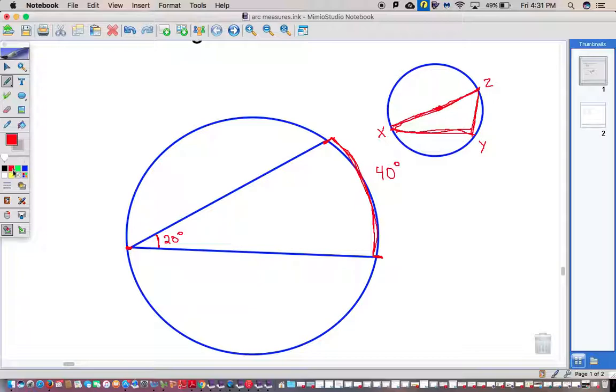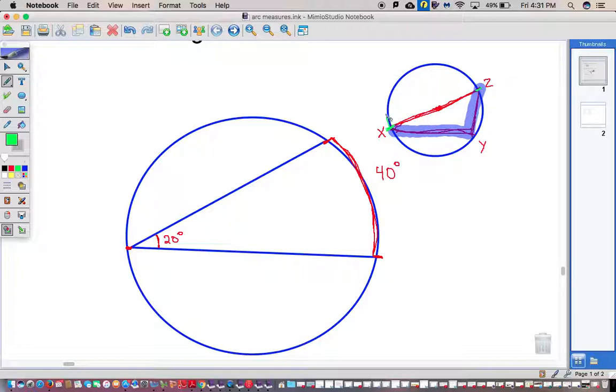Okay, so this angle Y intercepts the circumference at XZ.